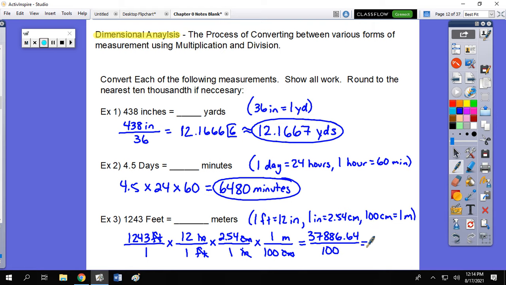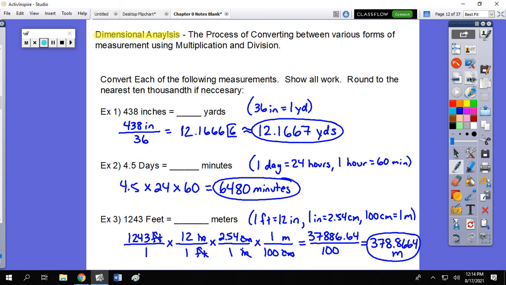And then we carry out that division. So 37,886.64 divided by 100, which moves the decimal place 2 places to the left, gives us 378.8664 meters. That is dimensional analysis. So let's do some more examples.